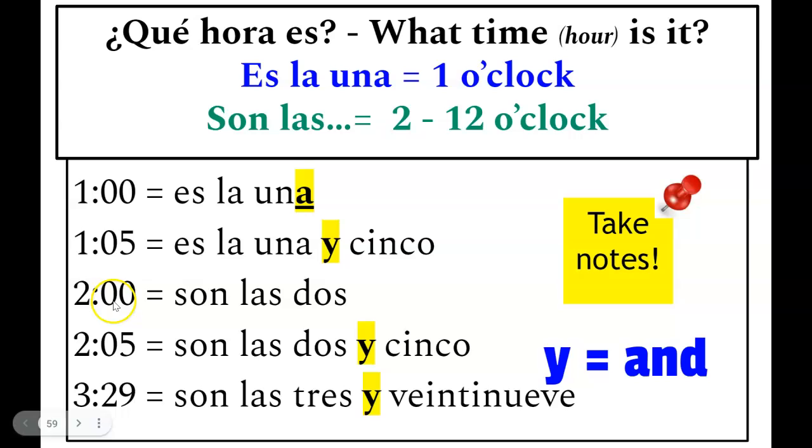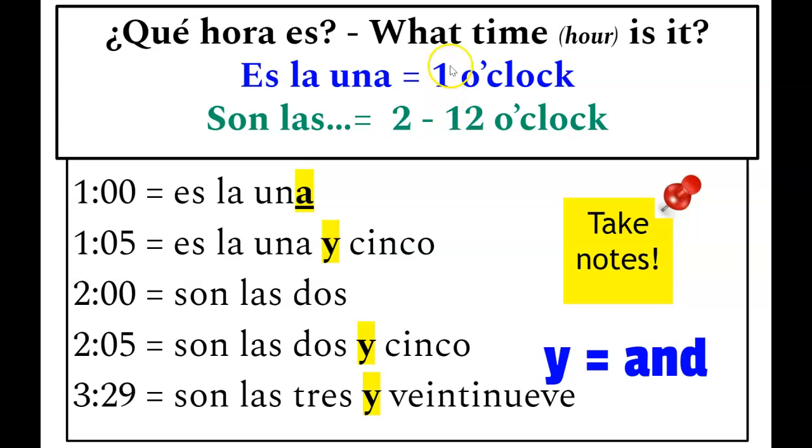At 2 o'clock, you're going to change the stem from es la to son las. And you'll use son las from 2 o'clock to 12 o'clock. Son las 2, son las 3, son las 4, son las 5, all the way to 12.